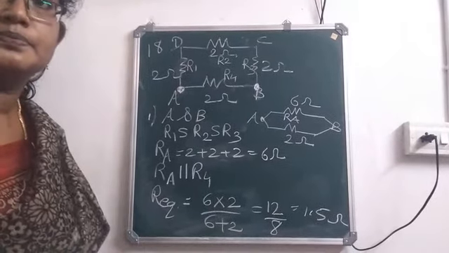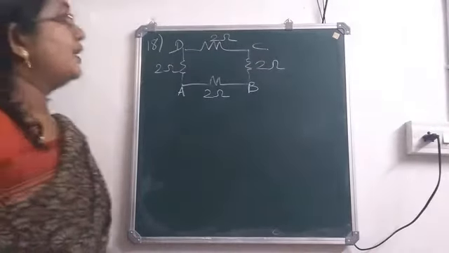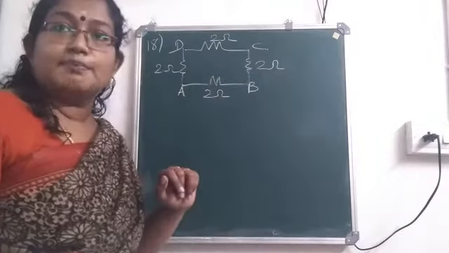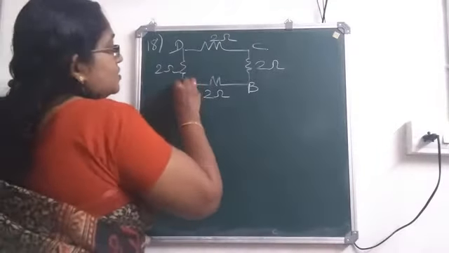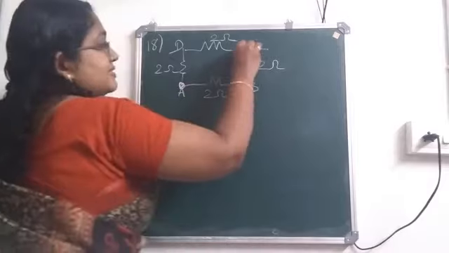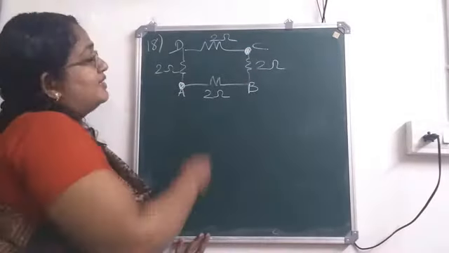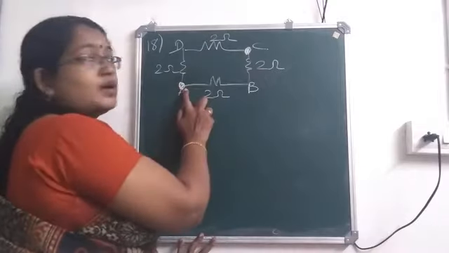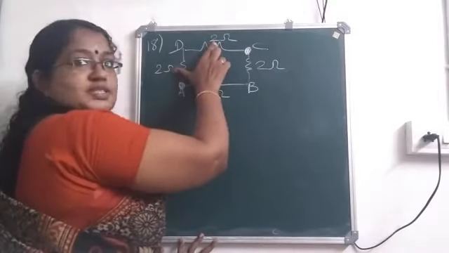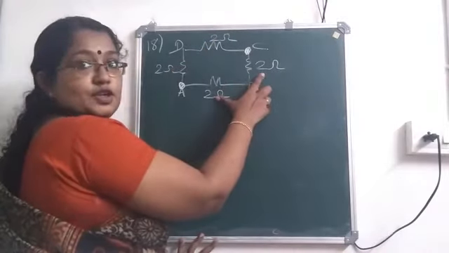Now we have to calculate the equivalent resistance between the points A and C. So let me mark here A and C. These are the end points. So how will the circuit come? If these two are the end points, what lies on this side is one set, and what lies on the other side is another set.